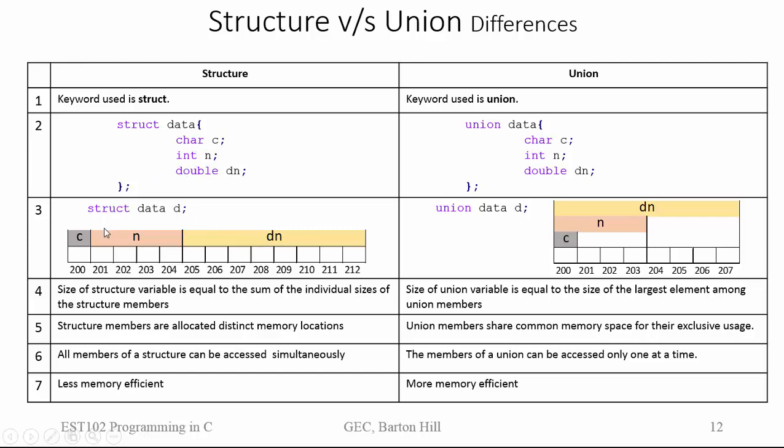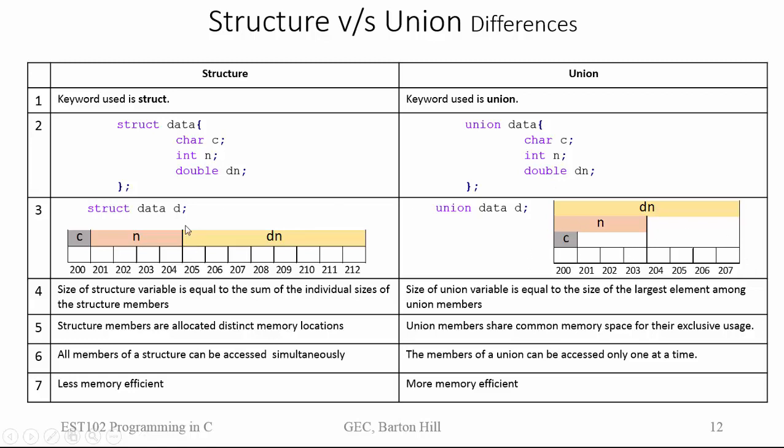In the case of structure, memory is allocated for each member of the structure. But in the case of union, only the size of the largest member is allocated. The largest member is double, and its size is 8, so only 8 bytes is allocated.